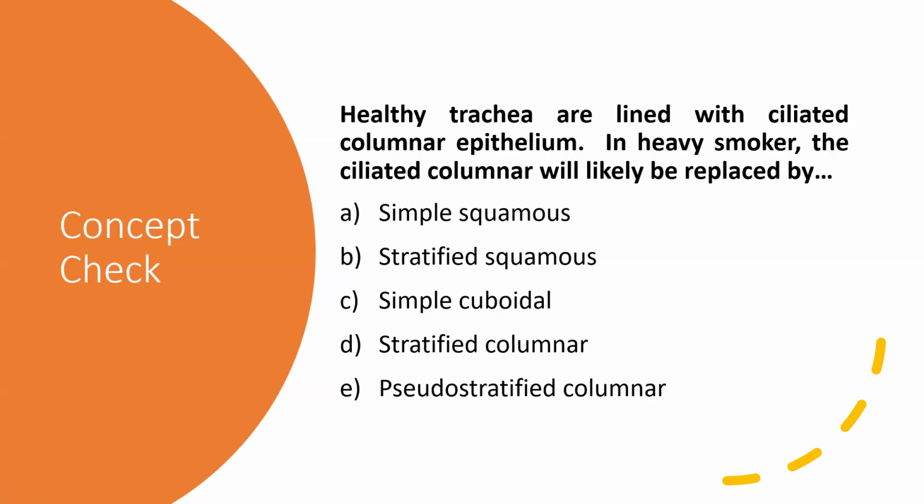So it makes more sense to protect the trachea. And when it comes to offering protection, the best kind of protection is stratified, multiple layers of squamous. It's not stratified columnar because they don't exist, right? Remember, the only kind of stratified you can have is squamous.